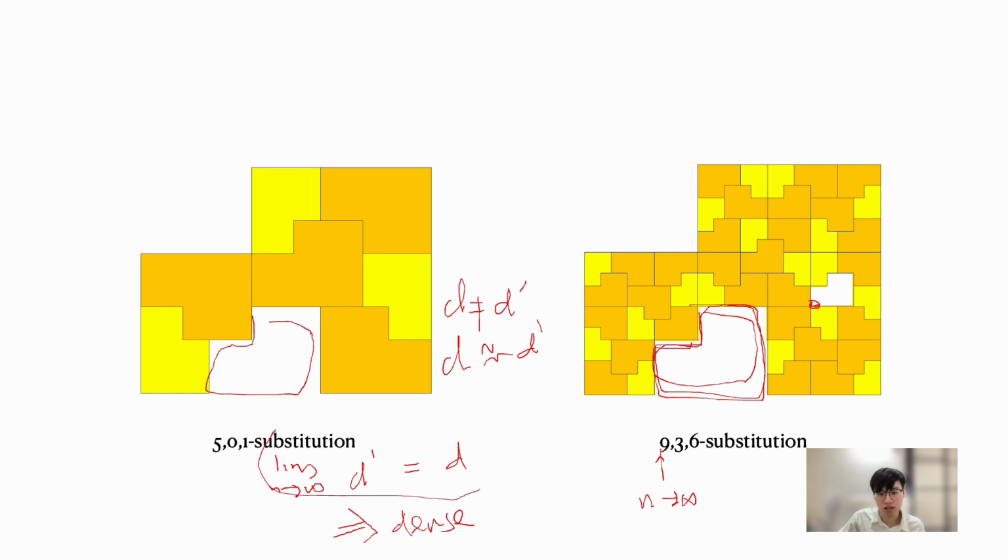Because of these statements, for every D, we're able to find such D primes, a sequence where we just take away another small tile, and they're going to be very close to each other, and this makes a dense set. And here is our proof.